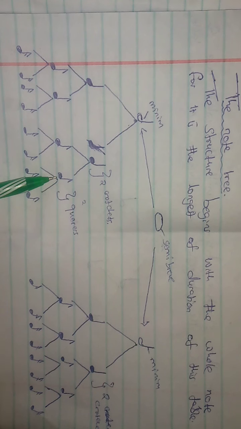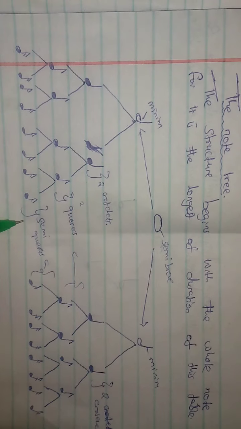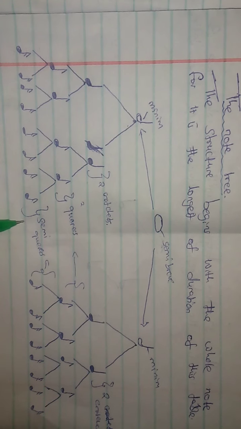We can also see that each crotchet branches into 2 quavers, indicating that a crotchet is made up of 2 quavers. We can also see that each quaver branches into 2 semiquavers, meaning that a quaver is made up of 2 semiquavers.